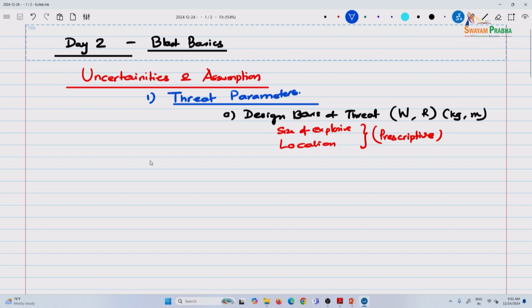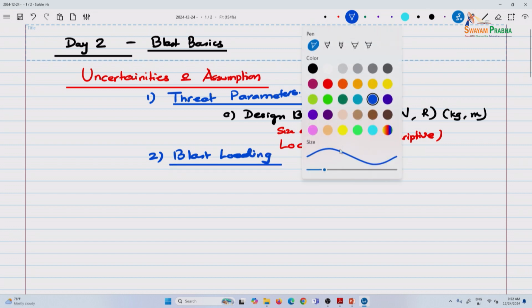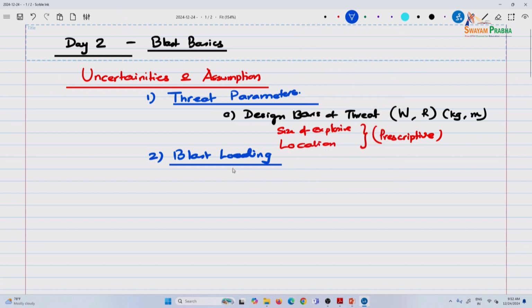Then the second one is the blast loading. This is also an uncertainty. So in blast loading, you have one, air blast effects, and the second one, there are other effects also: ground effects.